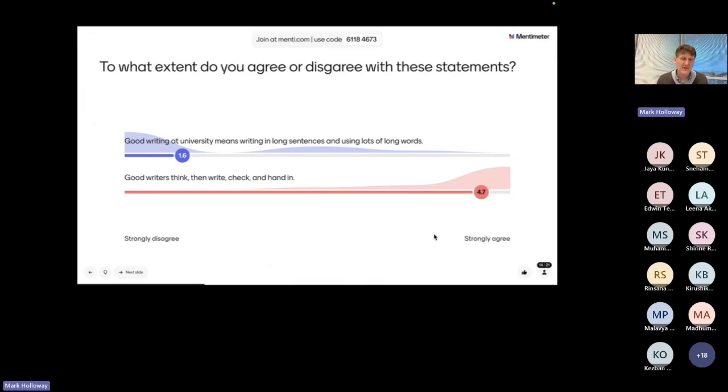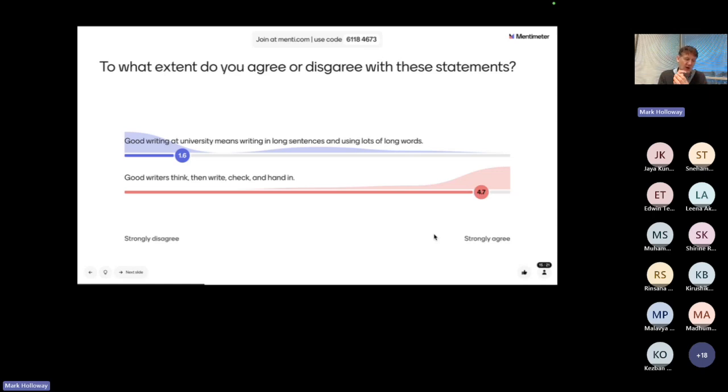Finally, almost everyone strongly agreed with the statement, good writers think, then write, check, and hand in. I want to suggest this is also a myth. I would disagree with this because it makes it look like writing is this really clear line of a process. 1 step, 2 step, 3 step, 4 step. It's much messier than that.